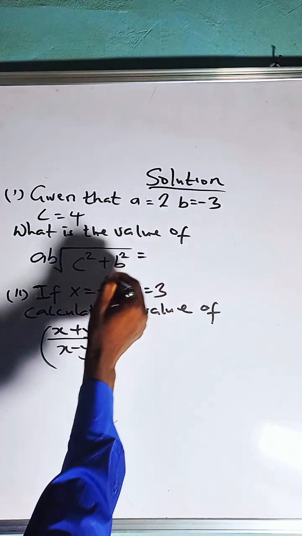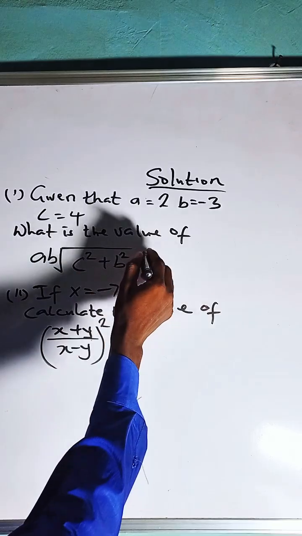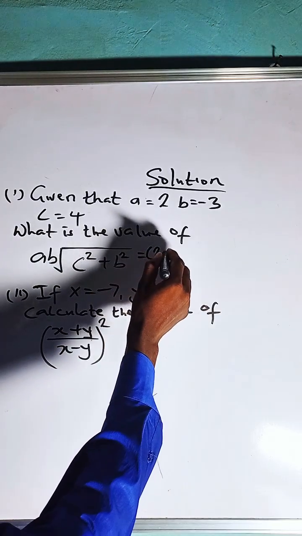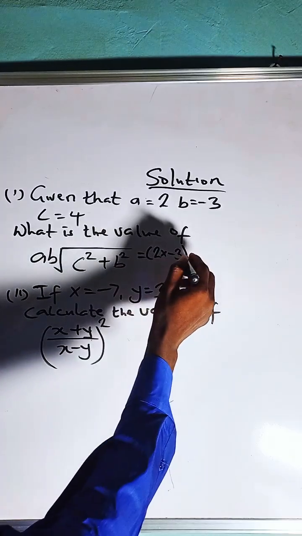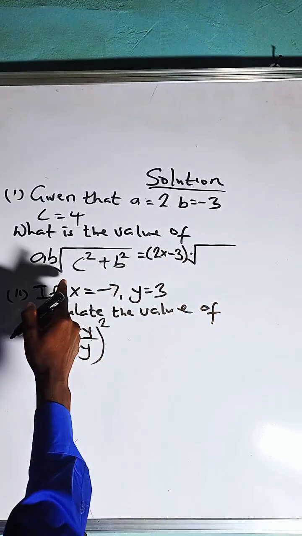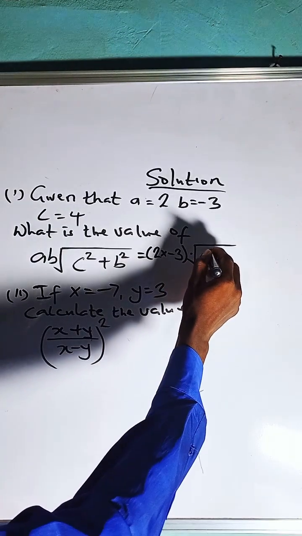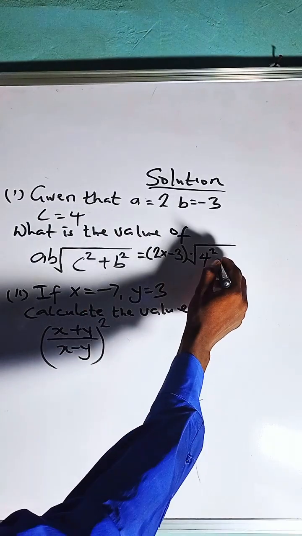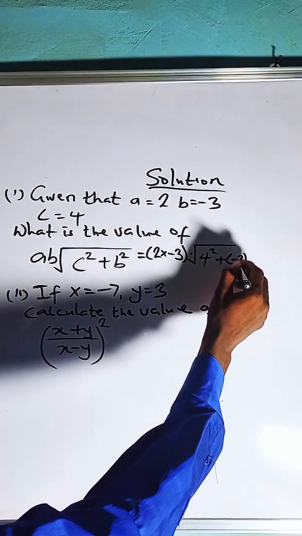To approach this, we have AB, which means A times B, that gives us 2 times -3. Then we have a square root, so we multiply by the square root of C squared, where C is 4, that is 4 squared, plus B squared, which is -3 squared.